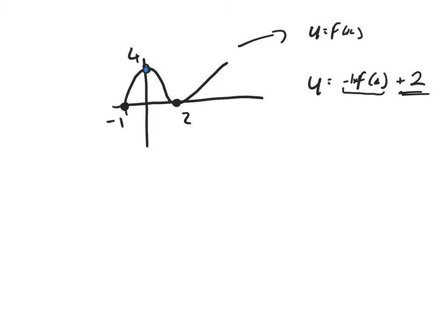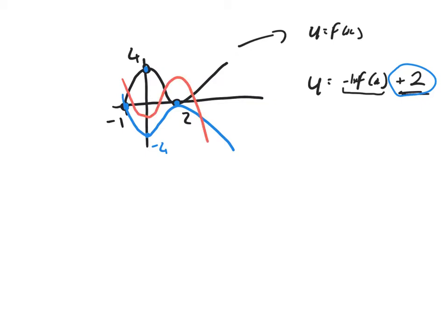Okay, so 4 will reflect down to -4. -1, 0 and 2, 0 reflect to themselves, so they'll stay there. And the curve will now look like that. I then need to move the thing up by 2 units, and that will look a bit like this.